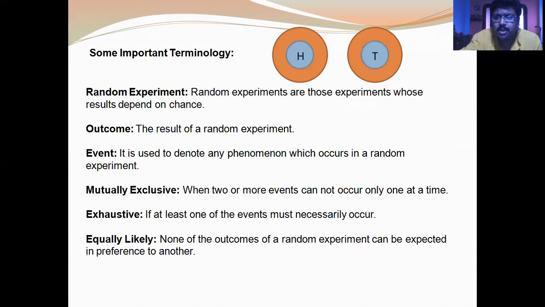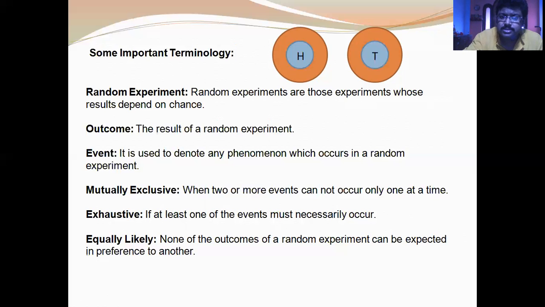When you flip a coin, head may appear or tail may appear. It depends on chance. So flipping or tossing a coin is a random experiment.